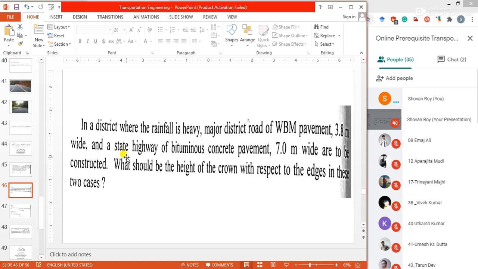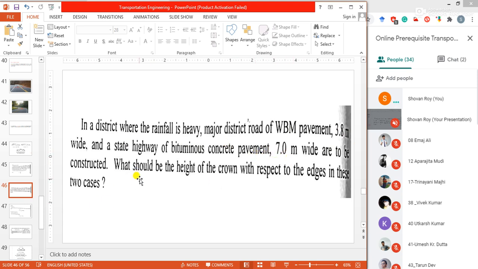What should be the height of the crown with respect to the edges in these two cases? One is the WBM road and another is the bituminous concrete pavement. For the major district road the width is 3.8 meter, and for the state highway the width is 7 meter.